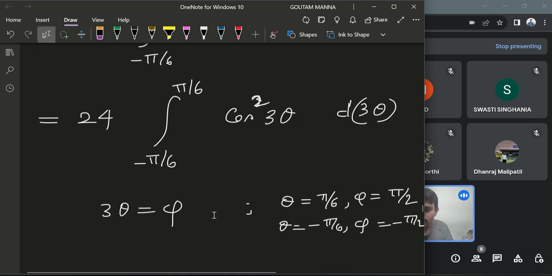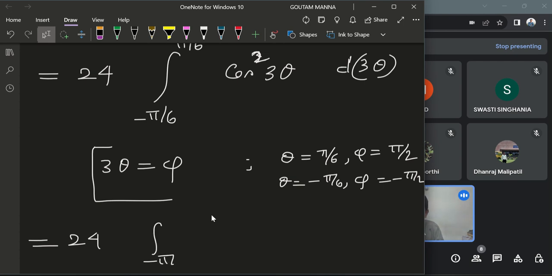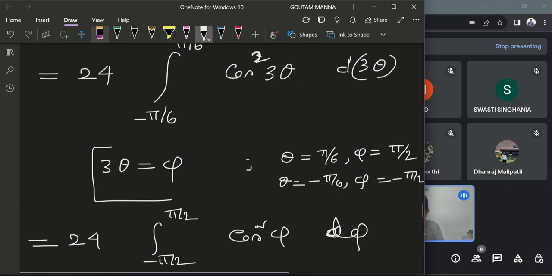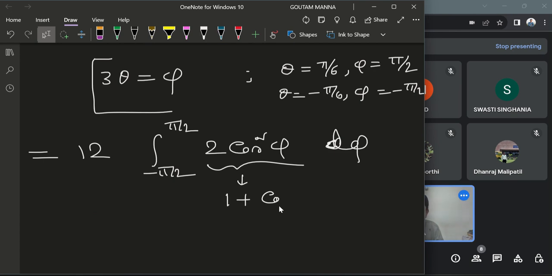So then this integration will be 24 times the integral from minus pi by 2 to pi by 2 of cos square phi d phi. Okay, this 24 I can write as 12 times 2, so 2 cos square phi I can write as 1 plus cos 2 phi.